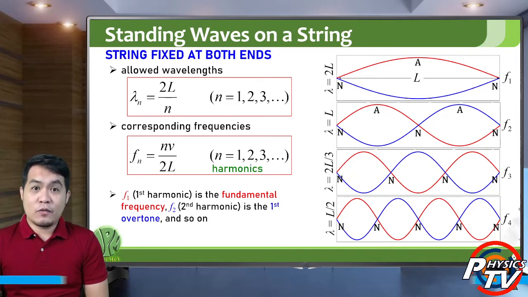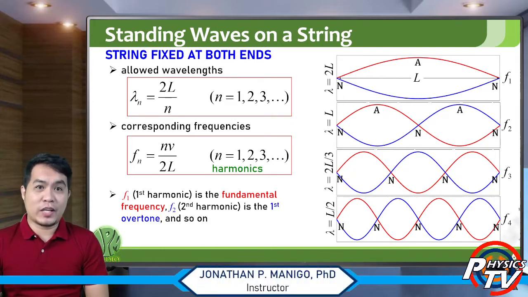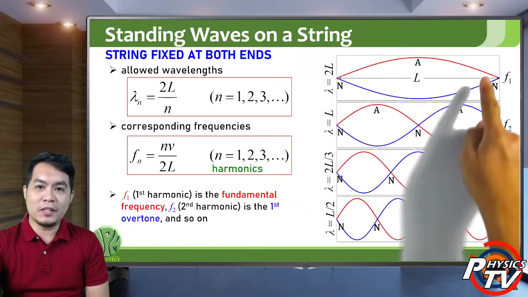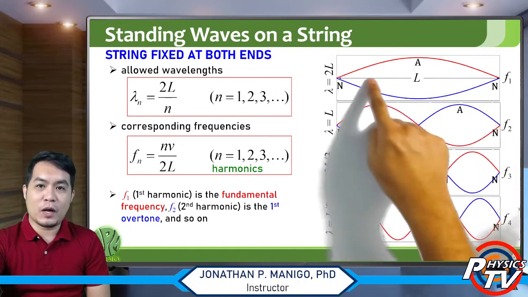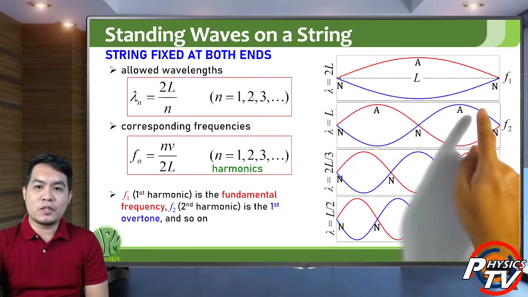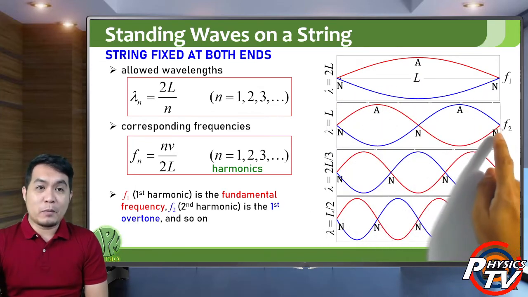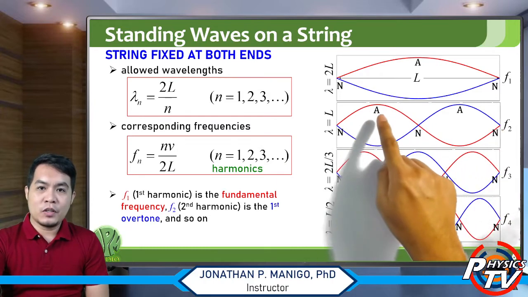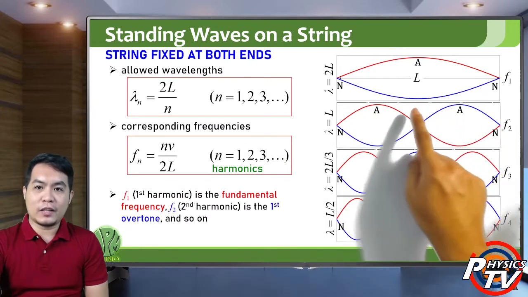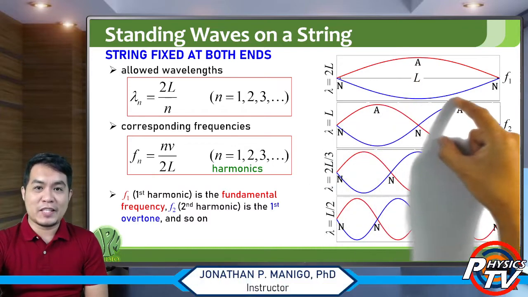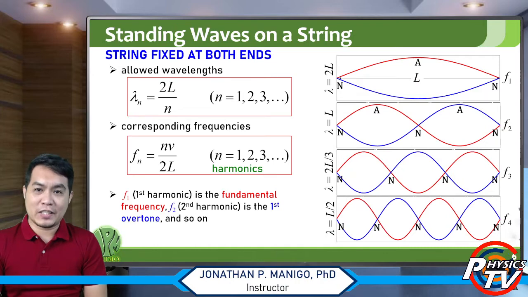What will standing waves on a string look like? If it's vibrating at the fundamental frequency, then you will see a string vibrating in this manner. You will only see one loop produced by the string. So one antinode, two nodes. If the string is vibrating in f2 mode, then you will see two loops. You will see three nodes and two antinodes. So the number of antinodes corresponds to the number of loops that you can see on the vibrating string.